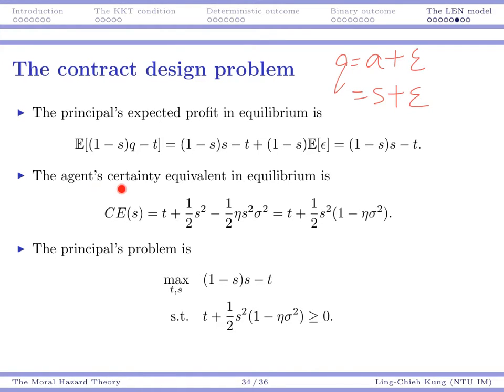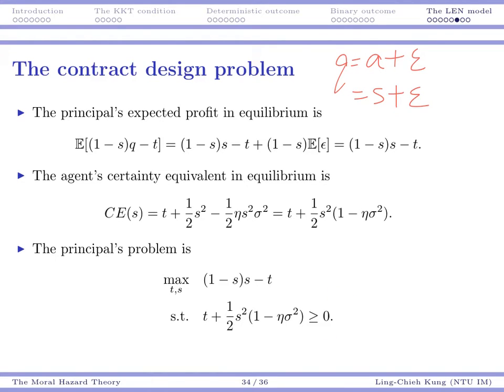The agent's certainty equivalent in equilibrium will be CE of s, because again, the action would just be s. So if we plug s into a, we get this, which is in this format. Finally, the principal's problem can be formulated as choose t and s to maximize its own expected profit, subject to the agent's certainty equivalent being non-negative.